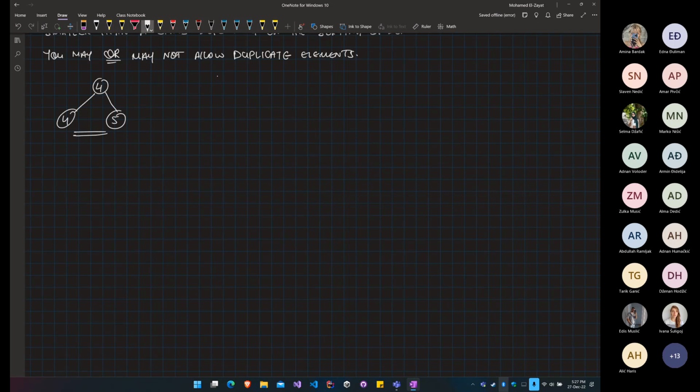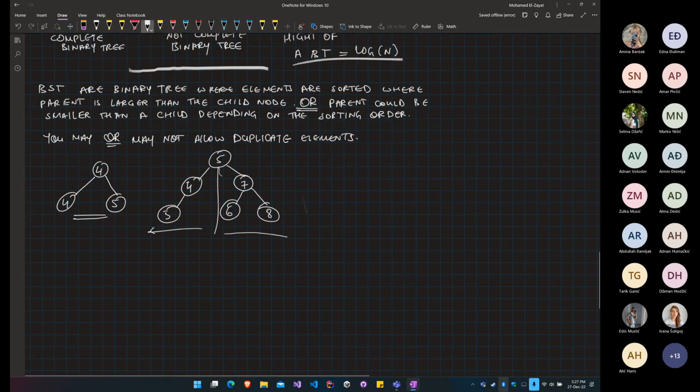But for example, you could have a binary search tree that looks like this: 4, 7, then 3, then 6, then 8. This one is the opposite, right? So this one is small, and everybody else in the children on the right-hand side is bigger. On the left-hand side, it's smaller. I should have probably mentioned this.